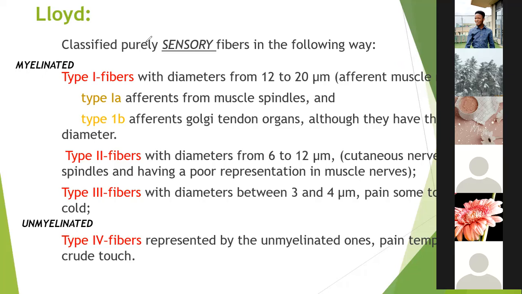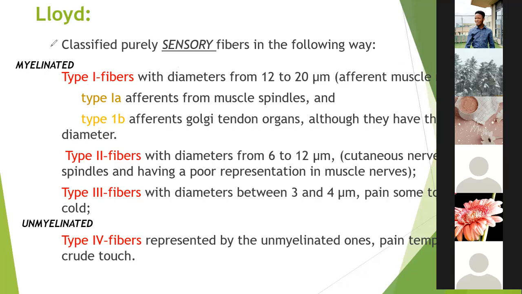So he looked at three components: their origin, because they are sensory fibers. All of them are sensory fibers, but which sensation are they coming from? Number two, what's the size of their diameter? And number three, are they myelinated or non-myelinated?